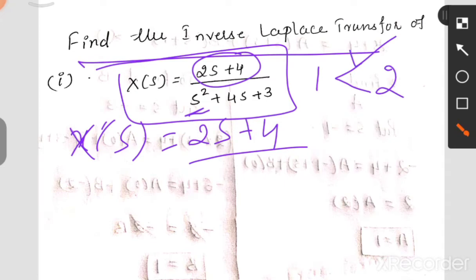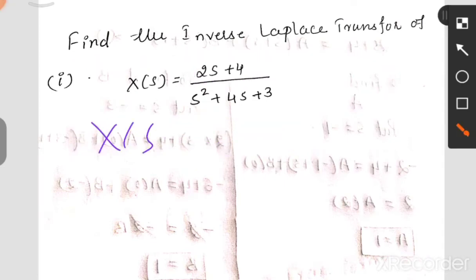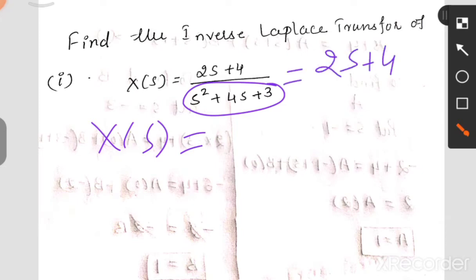Yes, it holds good. So next we go for the second condition, that is, the denominator Q of s should be factorable. Can s square plus 4s plus 3 be written in the form of factors? Yes, we can write.